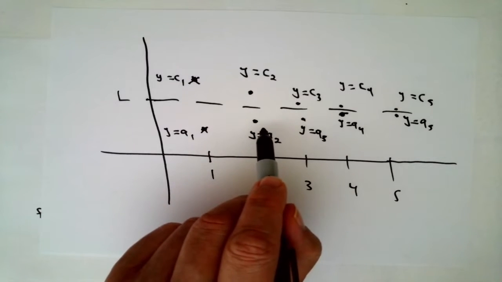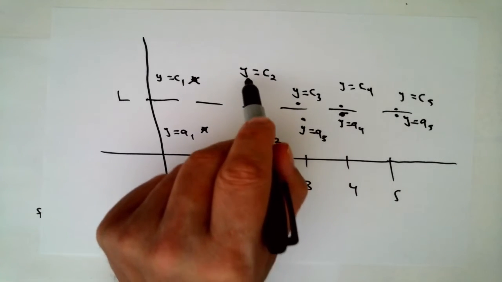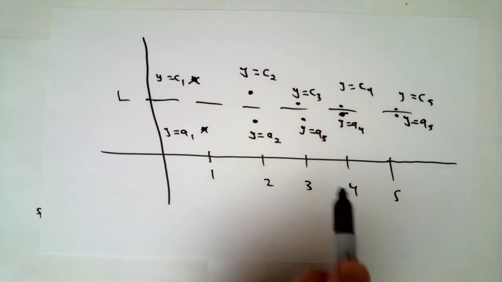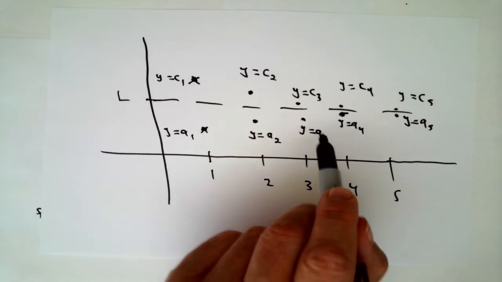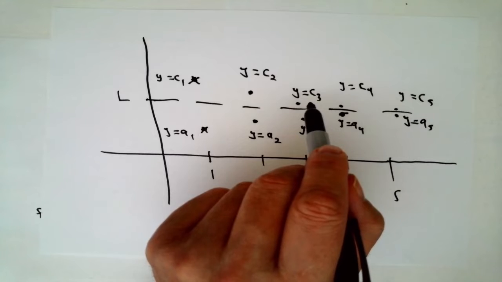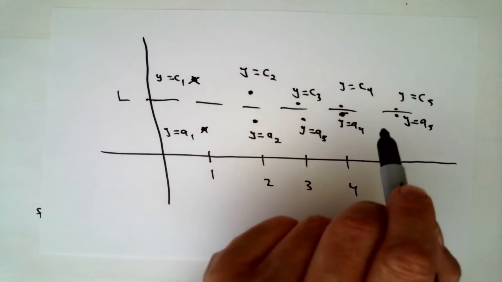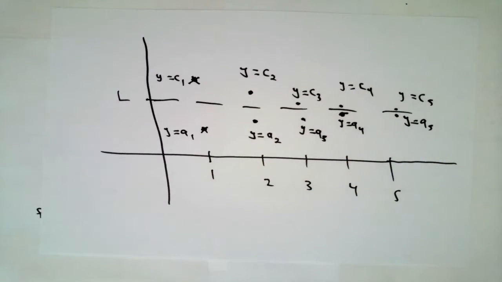Y equals a2 has to be lower down than y equals c2. Y equals a3 has to be lower than y equals c3, and so on and so forth. The remaining piece of the picture is that the b numbers are not in there any place.